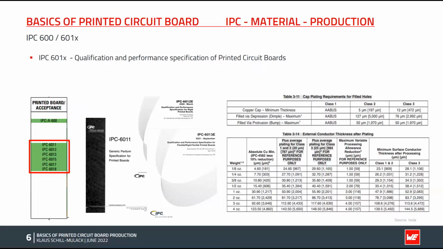For example, you can see here the copper thickness or the external conductor thickness after plating. Furthermore, the IPC-6010 describes technical requirements, and tests for verification are described.